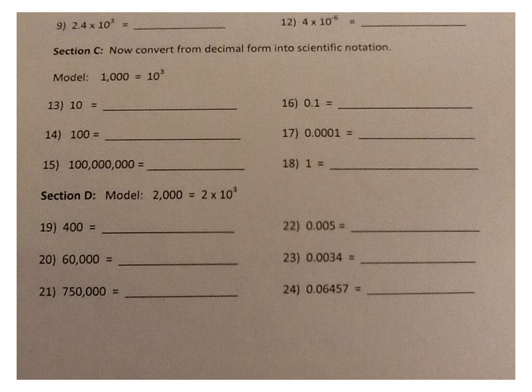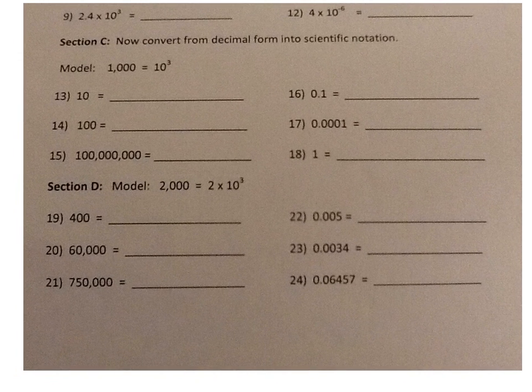So now we're going to convert from the decimal form to the scientific notation. So we start with 10, and we want to turn that just to 1. So we're going to 1 times 10.